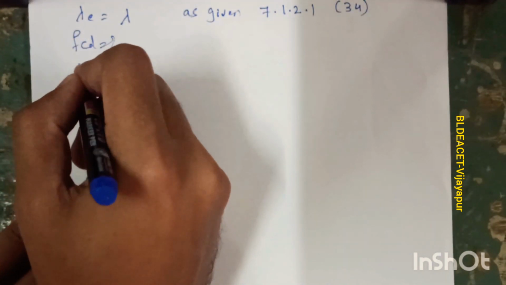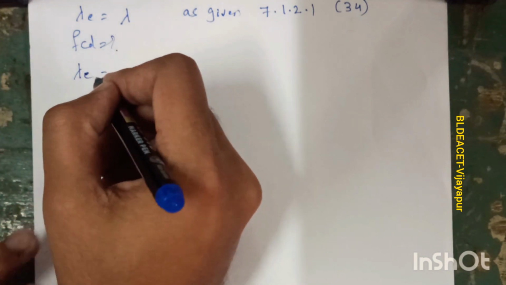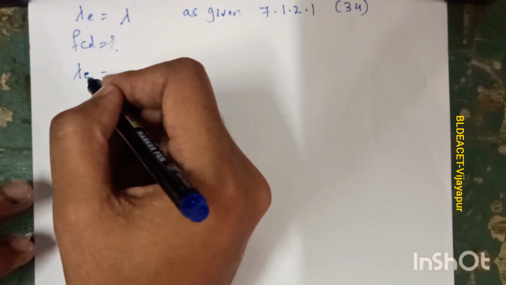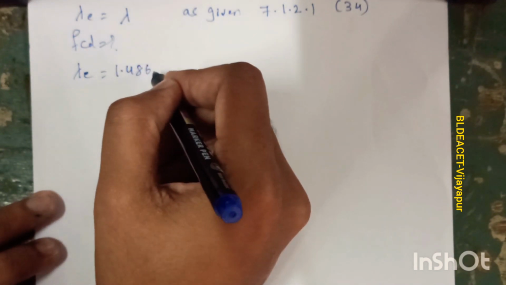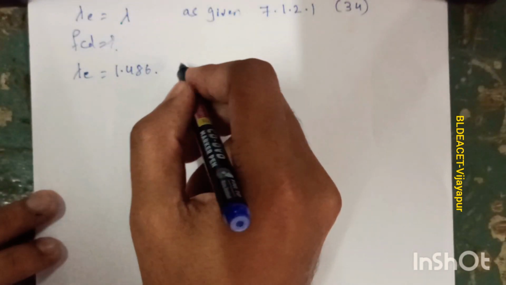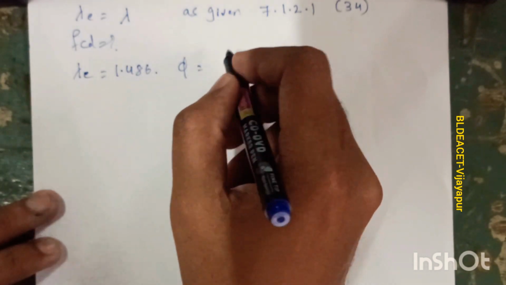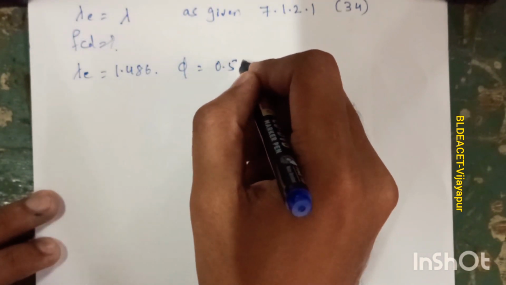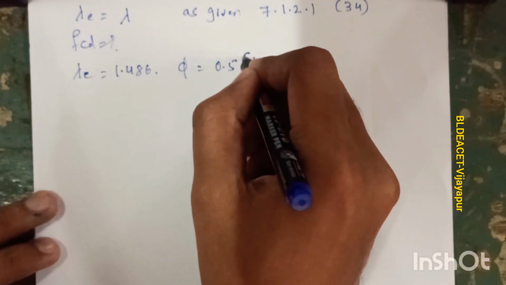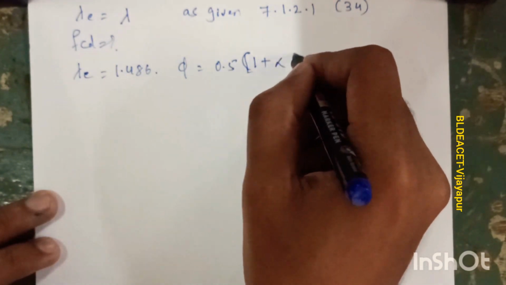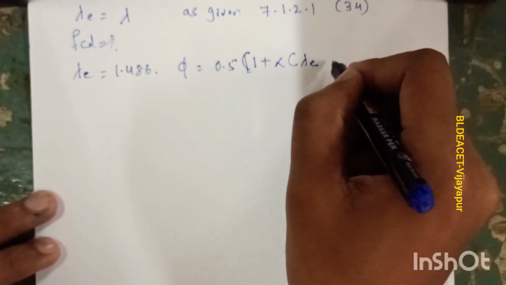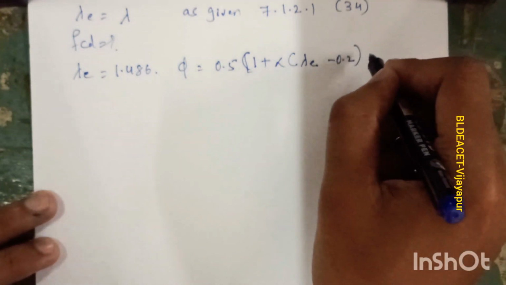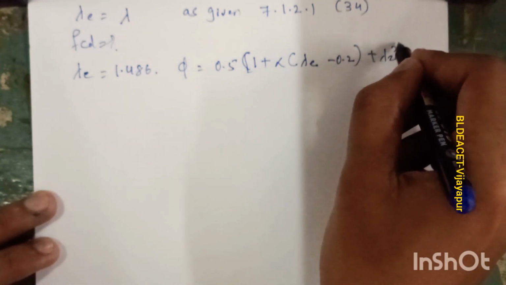So lambda E is equal to, which we have calculated, 1.486. Next we have to calculate phi, which says 0.5 in bracket 1 plus alpha, lambda replaced by lambda E, minus 0.2, plus lambda E square.